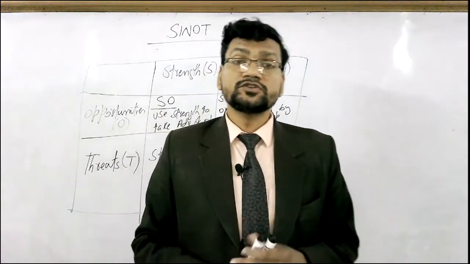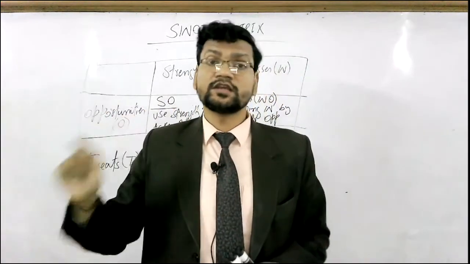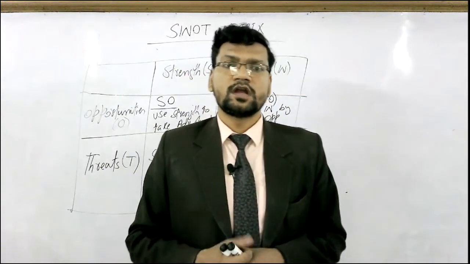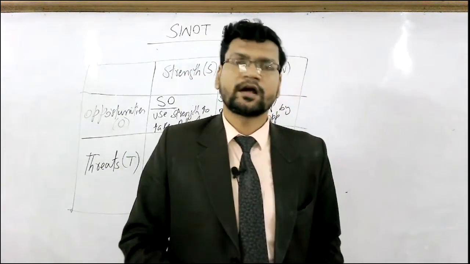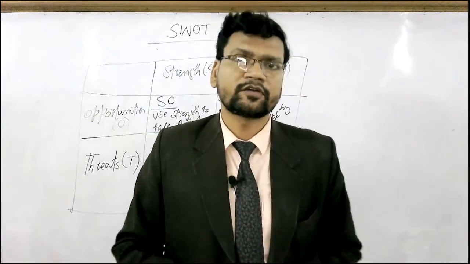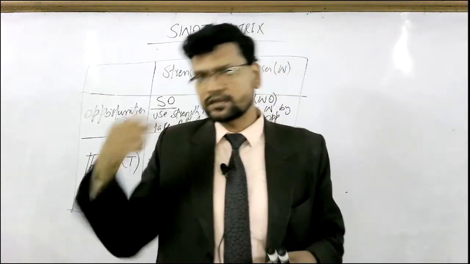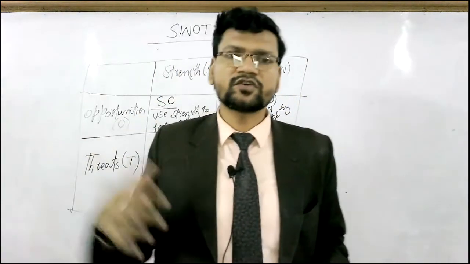We will see the labor union is so strong. If the labor union is so strong and employees are already not satisfied with the company and organization policy, it means that you have internal weaknesses and you have external threats also here.